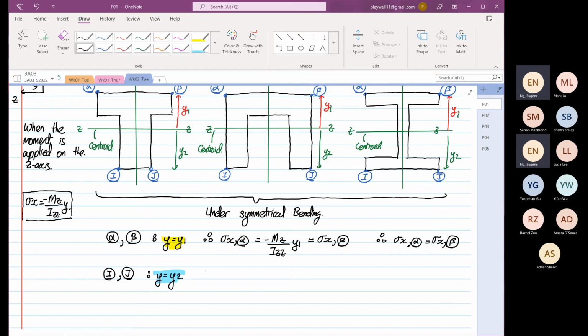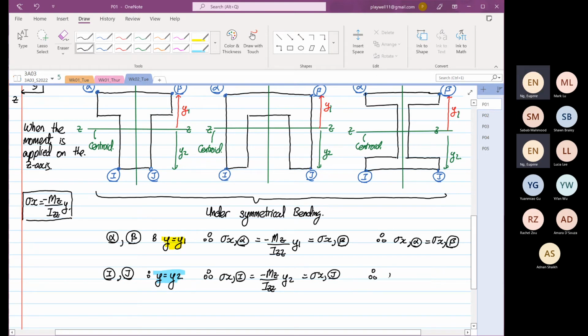So stress X at point I is equal to minus Mz over Izz multiplied by y2, and this is also stress X at point J. Therefore, stress X at point I is equal to stress X at point J.